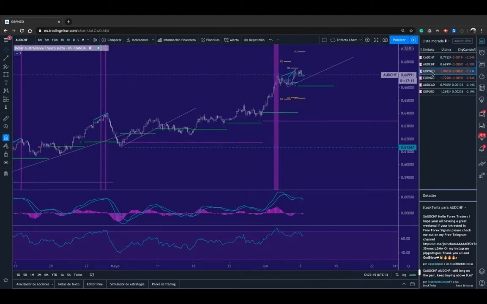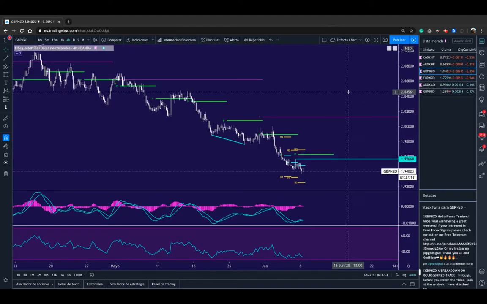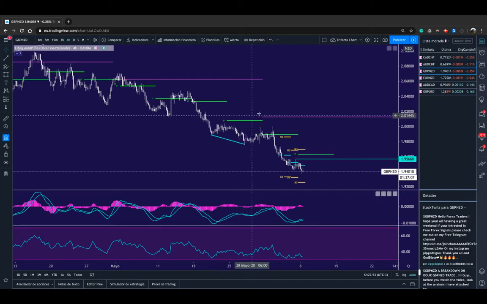Okay, here we have the pound against the New Zealand dollar, and here we have also a MACD divergence with the price moving downward, but the MACD is not being able to break the last minimum level. Okay, the RSI 28 is divergent as well.